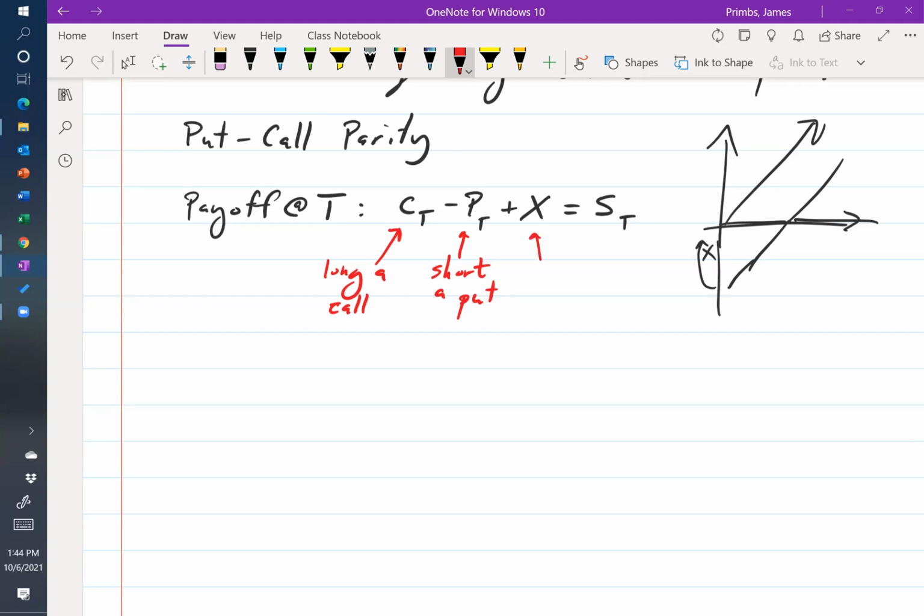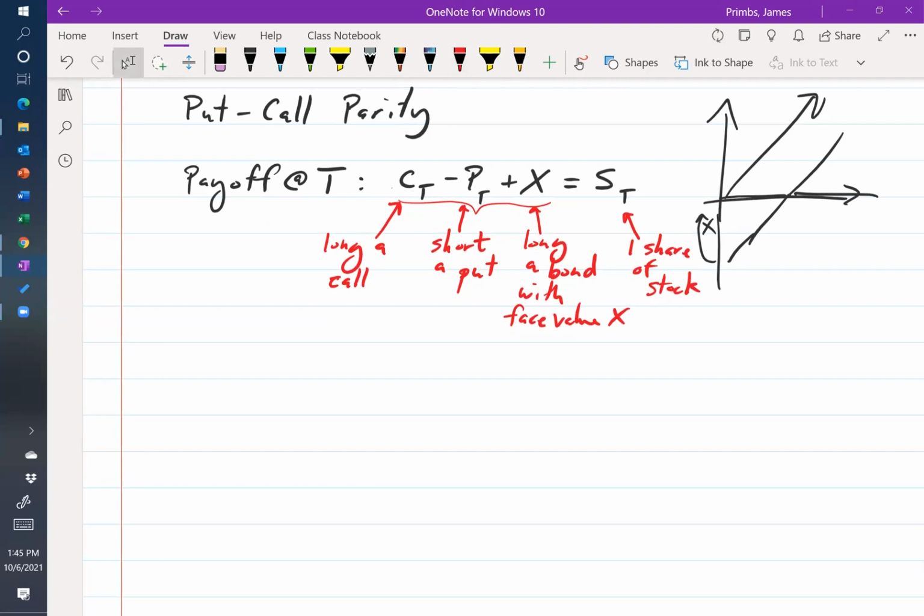This term corresponds to a bond, long a bond with face value X. And it says that's equal to 1 share of stock. Okay, so when I see these formulas, put call parity, I read them as a portfolio. It's telling me this portfolio here, long a call, short a put, long a bond, is the same as a share of stock. So that's the way you should read that.